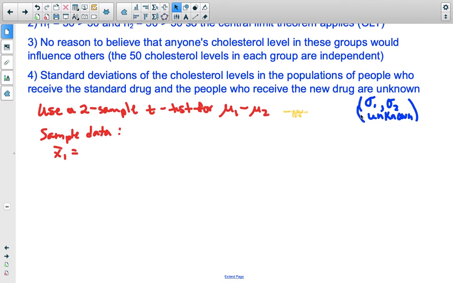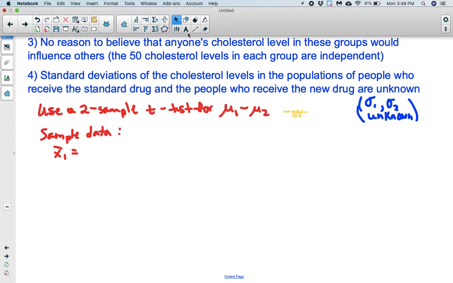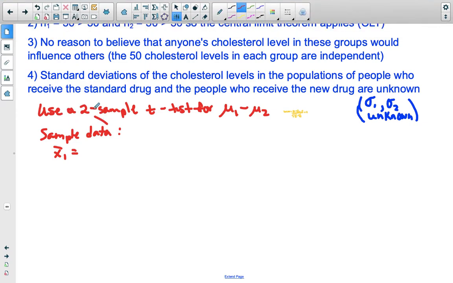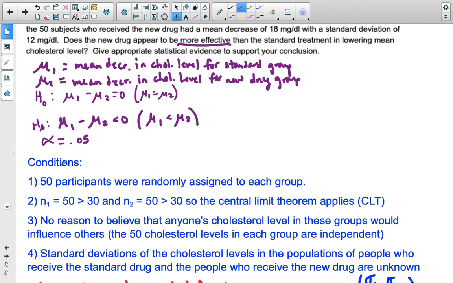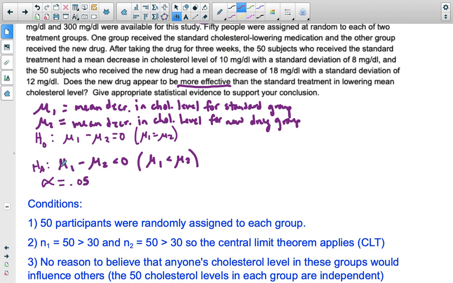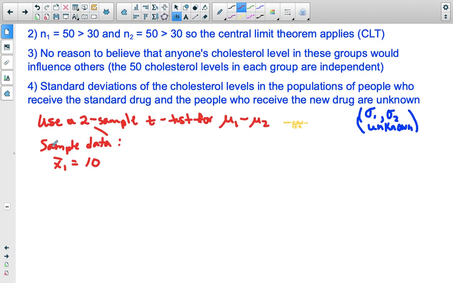So our sample data for x bar 1, referring to the standard drug, had a 10 milligram decrease per deciliter, and the standard deviation for that was 8.